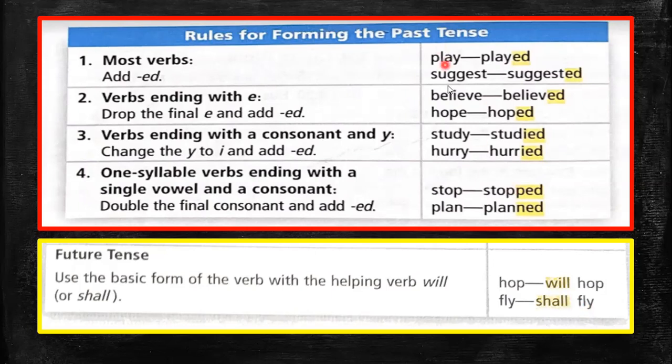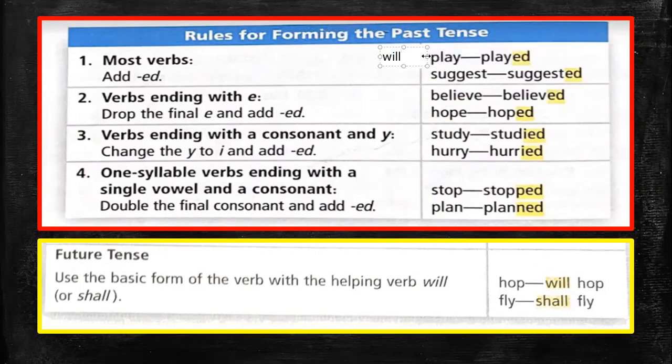So if we were to change all of these verbs that we practiced for the past tense into the future, we would say will play, will suggest, will believe, will hope, will study, will hurry, will stop, will plan. The only thing that we added was, let's write it here so that you guys can see it, will.